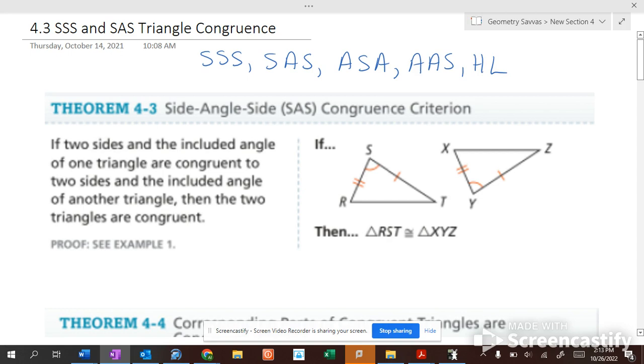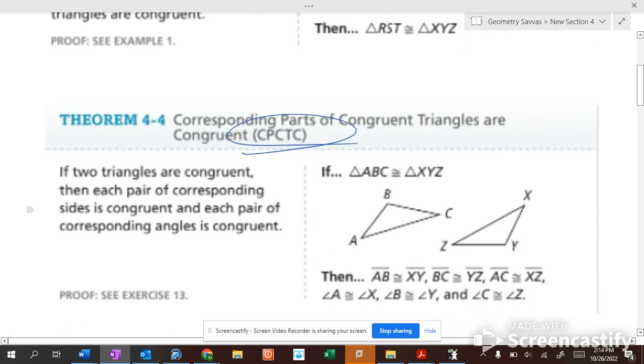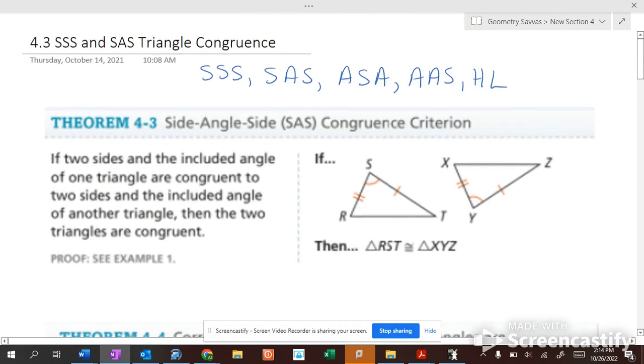There's a lot of SSS, SAS, ASA, AAS, and HL, and lots of letters going all over the place. And pretty soon we're going to have CPCTC as well. There are all kinds of acronyms that you need to get straight in your mind.